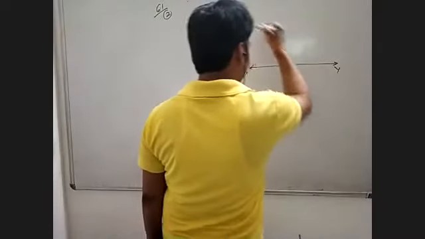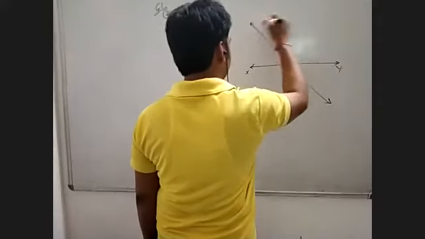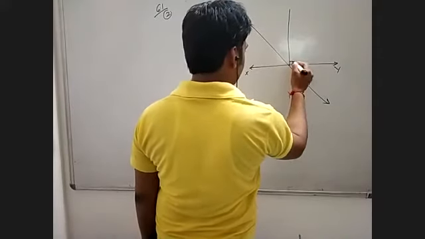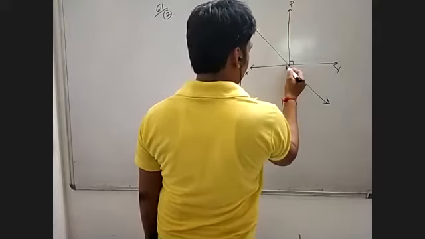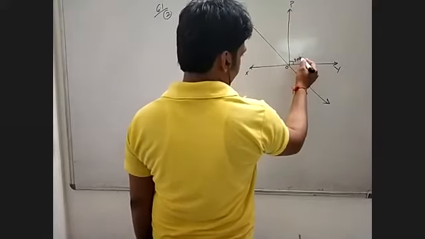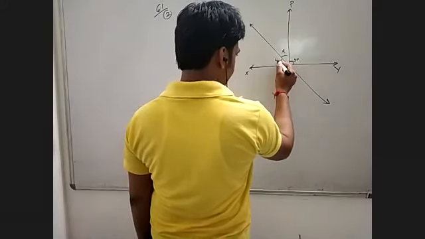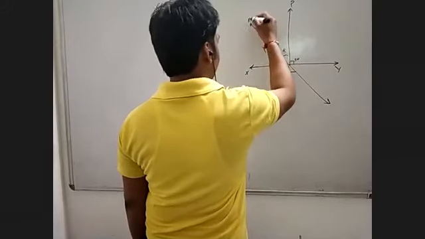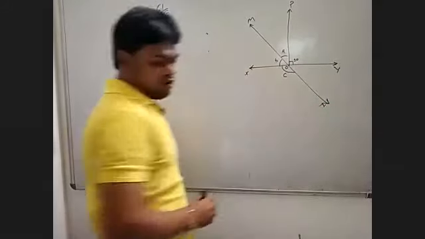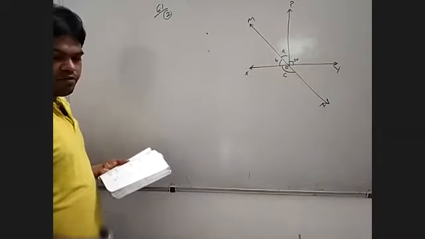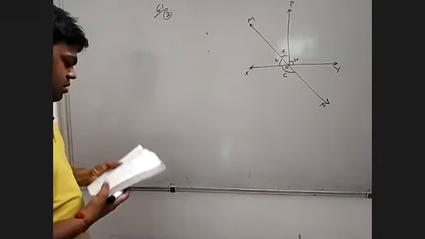XY is a straight line, given. MN is also a straight line. And this is given perpendicular: angle POY is equal to 90 degrees. It is A, B, C. We have to find the value of C here.